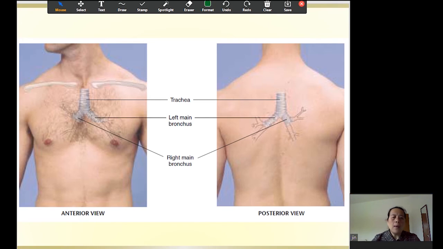Excuse me, my floor has some trouble here.